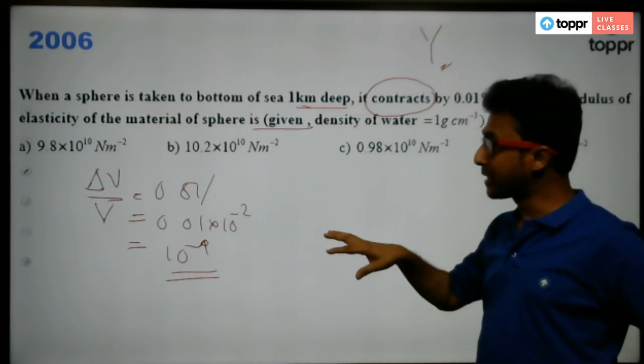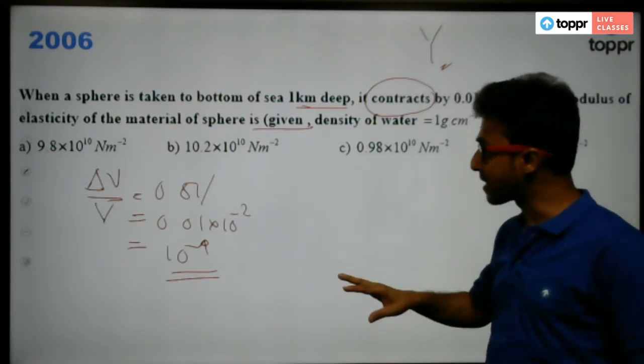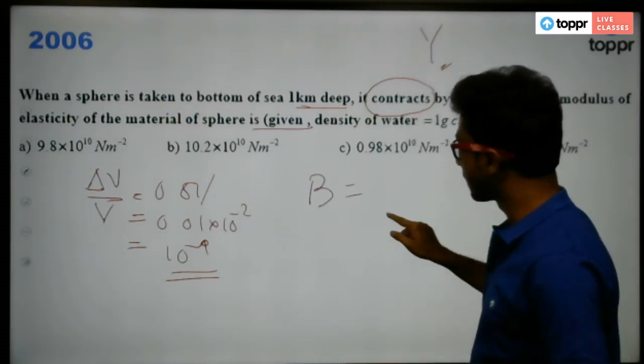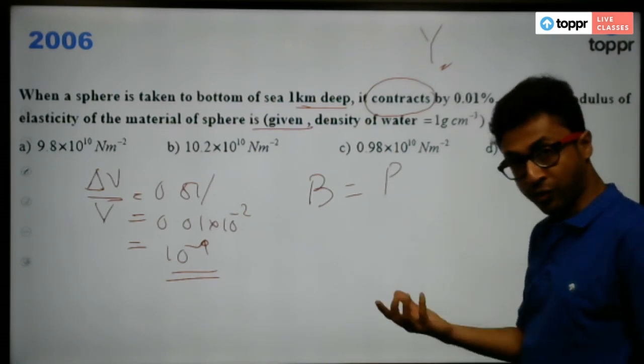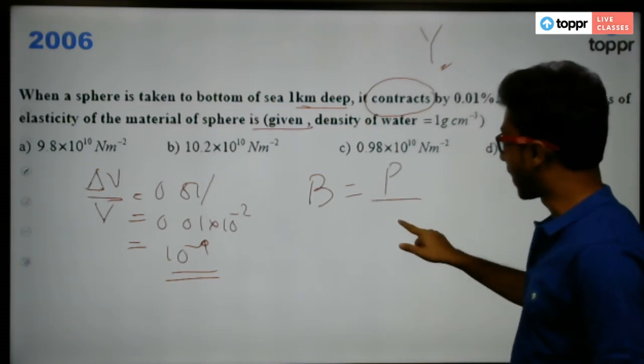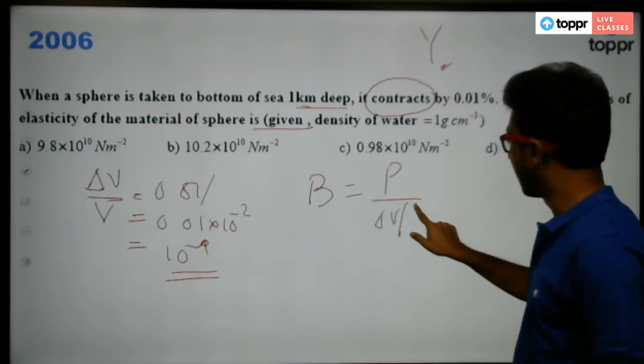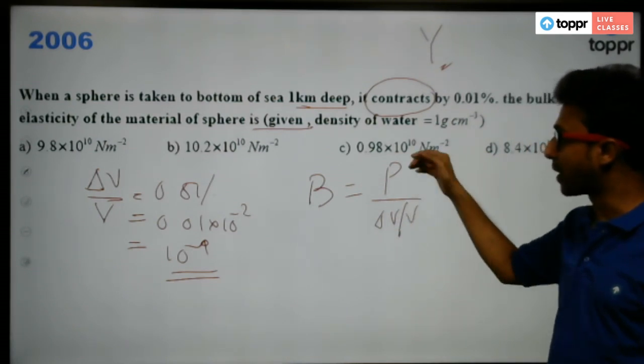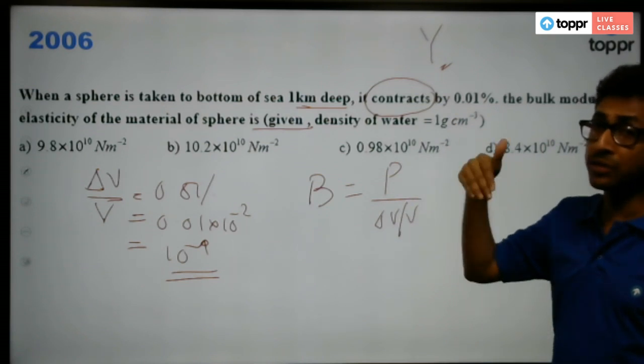For calculating bulk modulus, the stress is the pressure. So bulk modulus is pressure divided by del V by V.